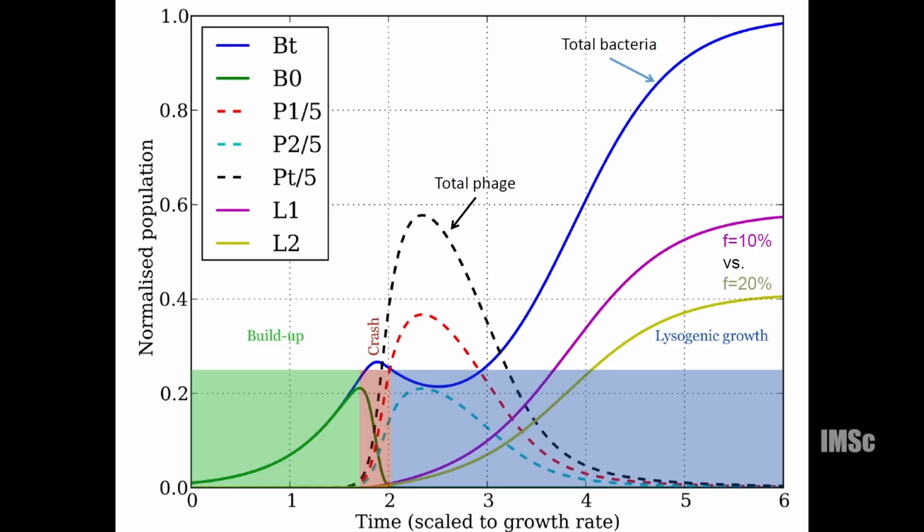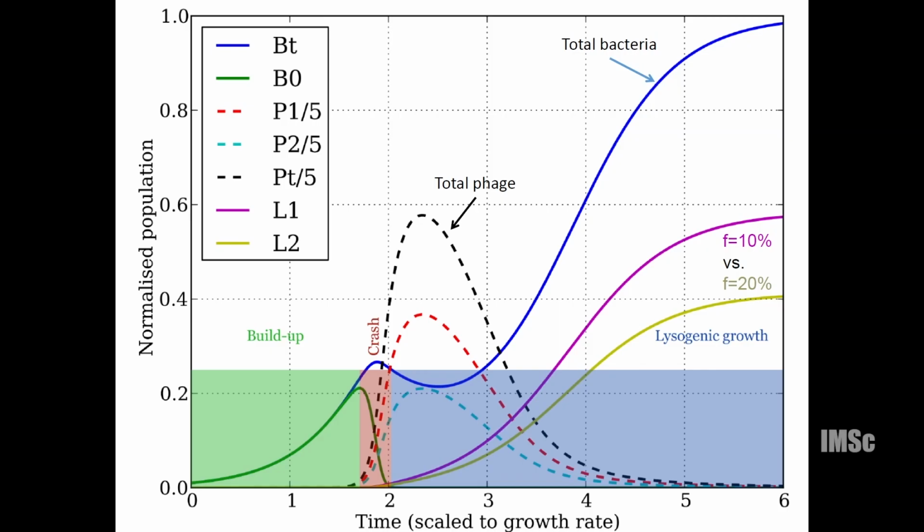So if you look at the equations and try to understand how this curve looks for the virus, it's a super exponential, an exponential on an exponential, which is why it's very flat for a long time and then suddenly shoots up, and why the bacteria grow close to exponentially for a long time and then suddenly crash. So it's really like two phases.